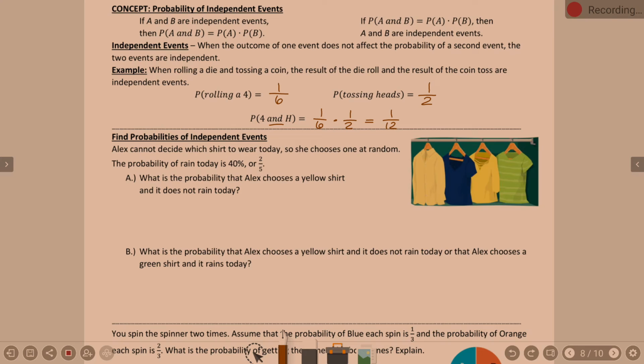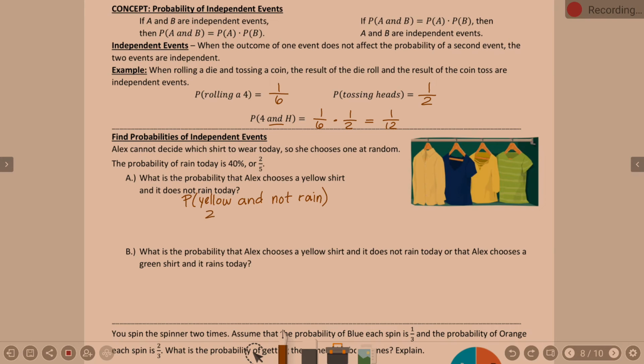Okay. And what this is asking, realize, is the probability of yellow and not raining today. Probability of yellow: 4 shirts to choose from, 2 of them are yellow, yes?